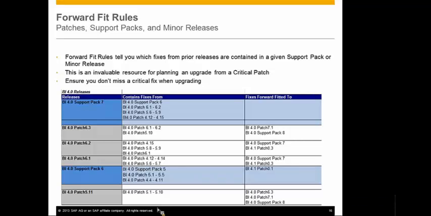The example that I'll draw your attention to is BI 4.0 support pack 7. We can see that it contains all of the fixes from support pack 6, patches 6.1 and 6.2, and some patches through the later release cycles of SP5 and SP4. So the forward fit plan is a great resource because you don't want to upgrade first and then find out later that some of the critical patches that you require are actually missing from the release that you just installed on your system.